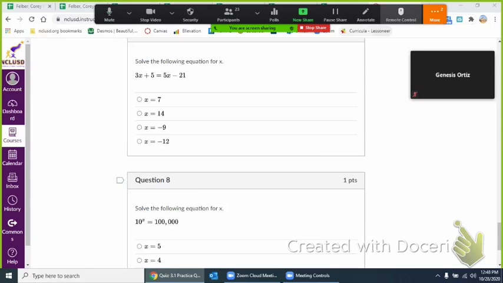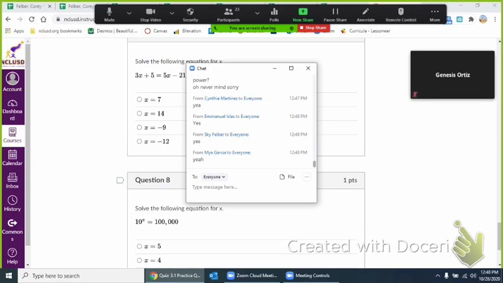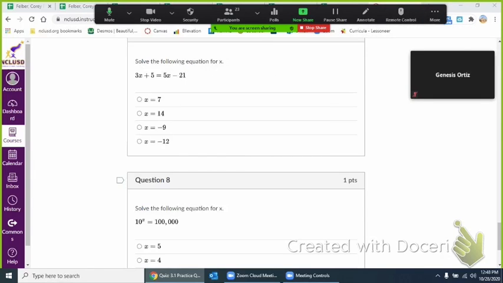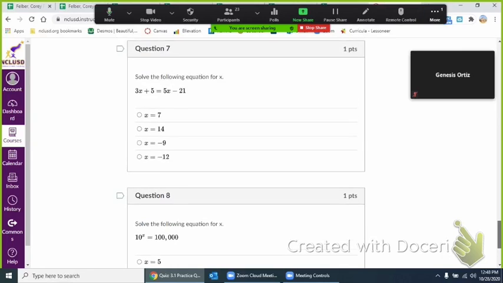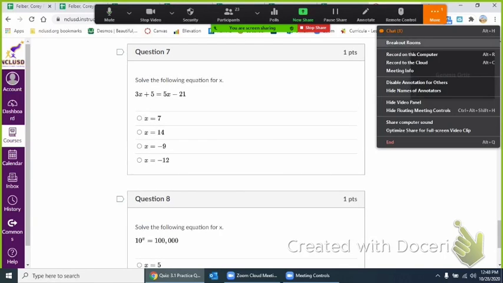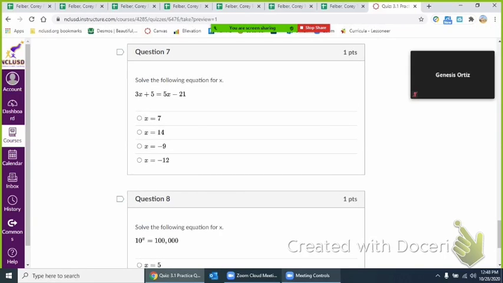Okay, so for whatever number this is, for 7. For 7, okay, whenever you solve an equation, we have to get the x's on one side. Okay, we have to get everything else on the other side. All right, so I'll do an example of a different equation, okay?